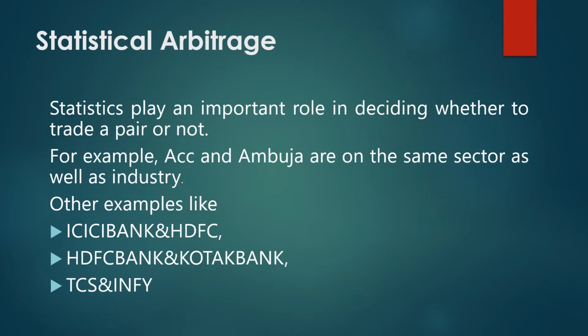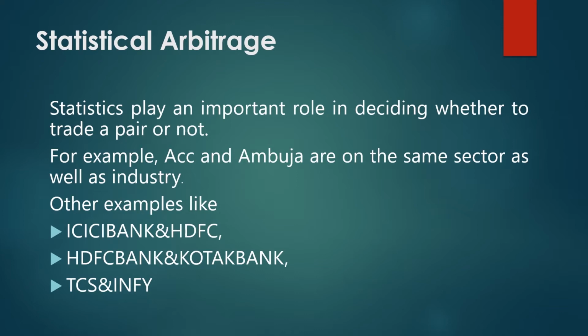For example, ACC and Ambuja are in the same sector as well as industry. There are thousands of pairs possible in each domain, but selecting the best one is based only on mathematical or statistical tests. We will learn about the statistical methods in the next session of pair trading.